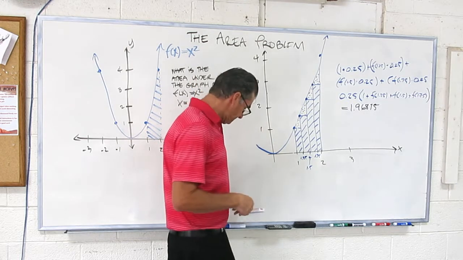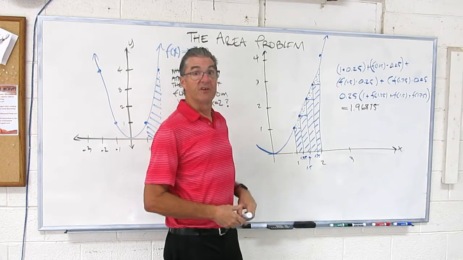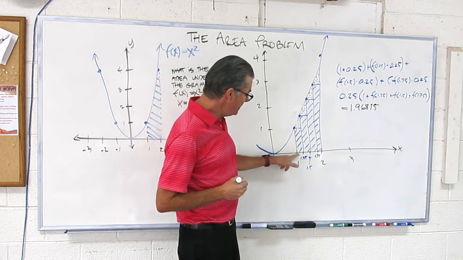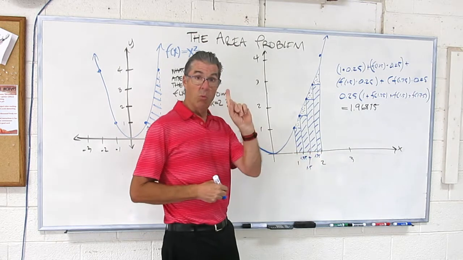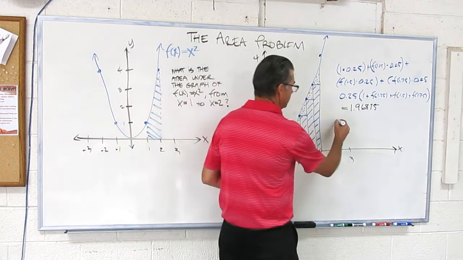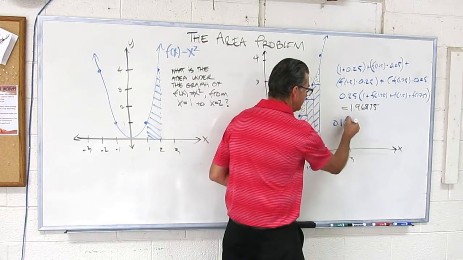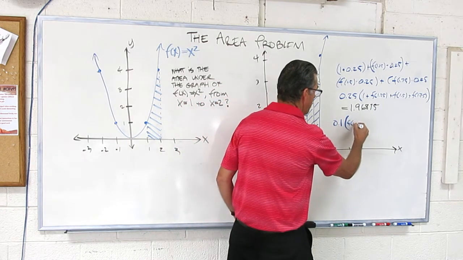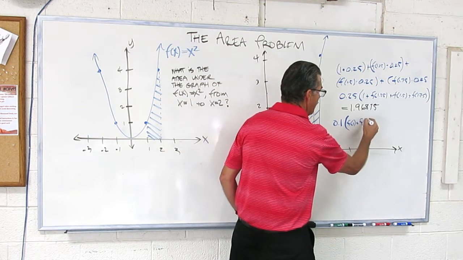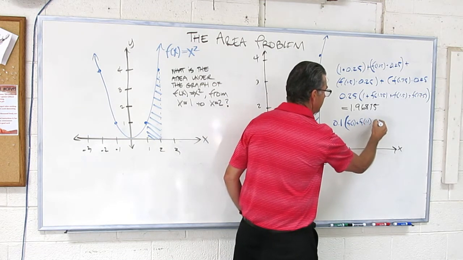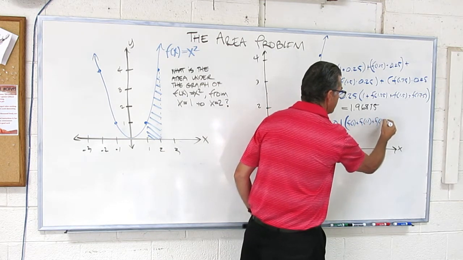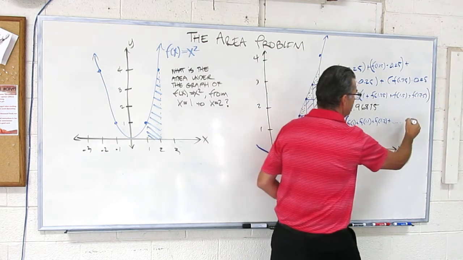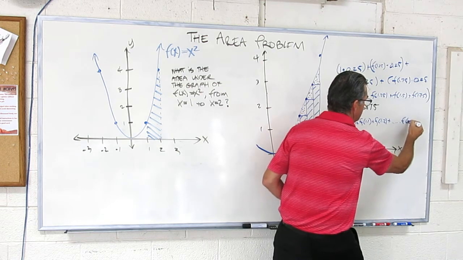So check this out. I'm going to do the calculation for 10 rectangles. Okay, so if I have 10 rectangles, then each increment along the bottom is just going to be 1/10 or 0.1. And that's going to be 0.1 times f of 1 plus f of 1.1 plus f of 1.2 plus, I'm not going to write them all out, plus f of 1.9.